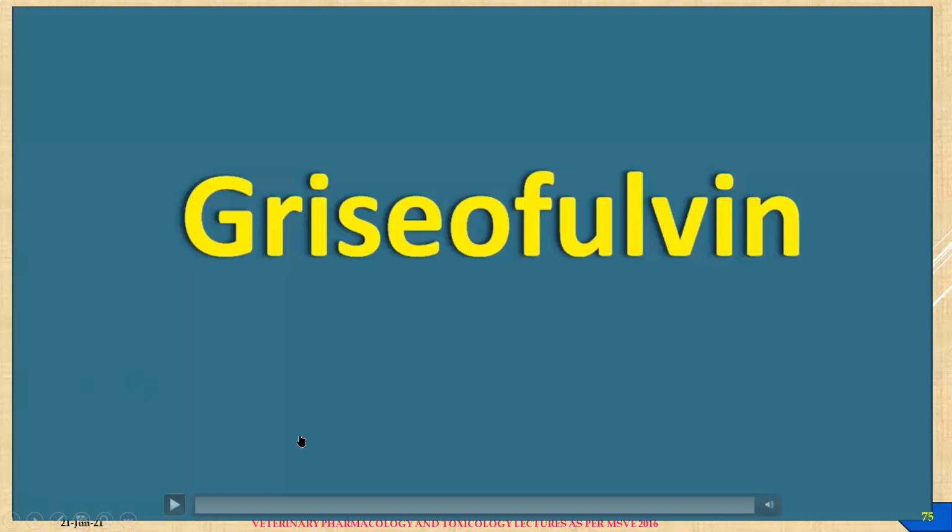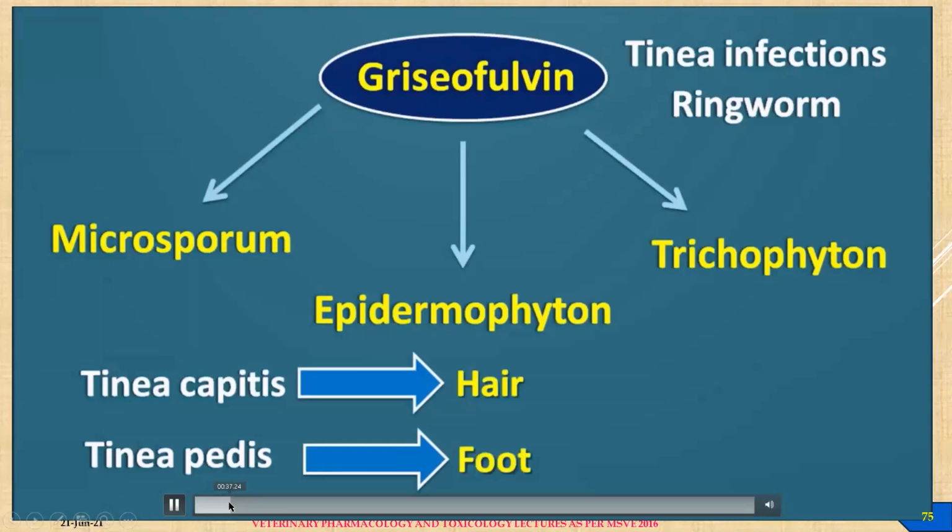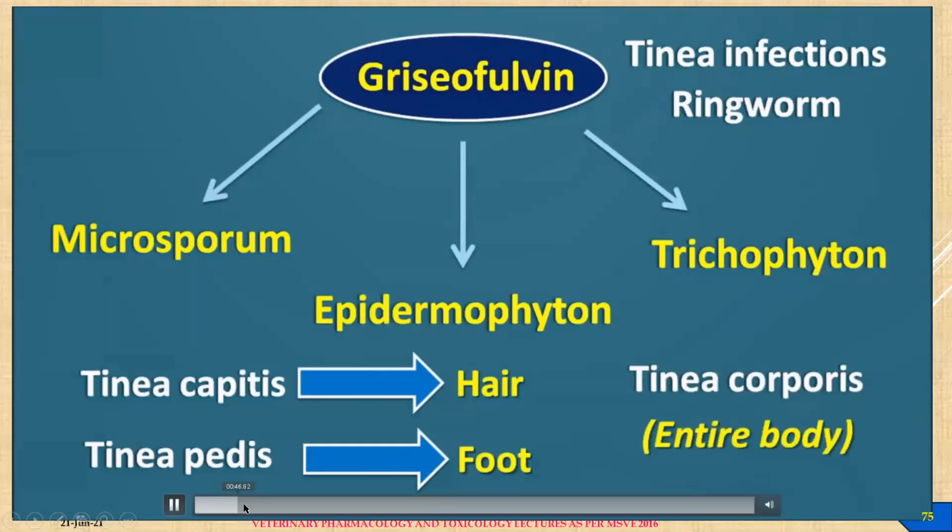Here we'll have a very short look at the griseofulvin mechanism. Of course, time is running short. These are the microorganisms that are affected, especially Tinea capitis and Tinea pedis. Yes, the entire body is affected with Tinea.